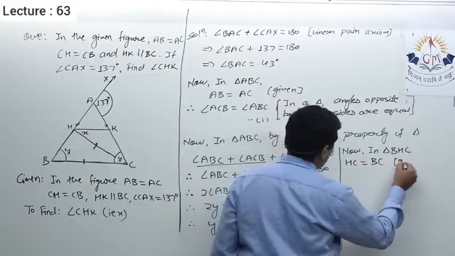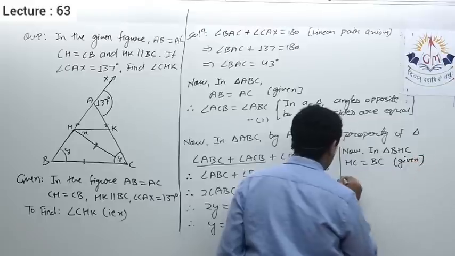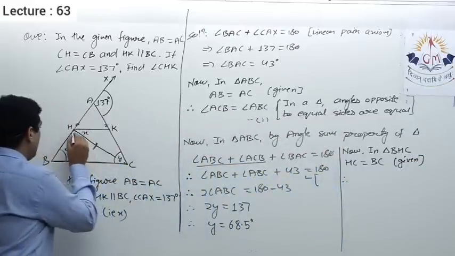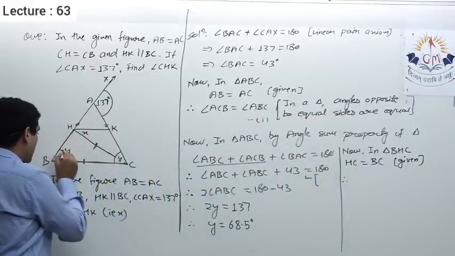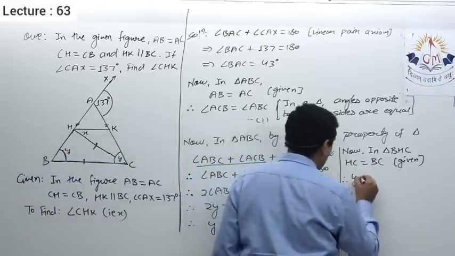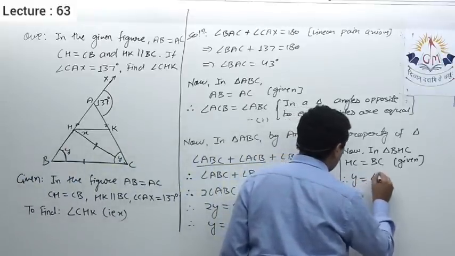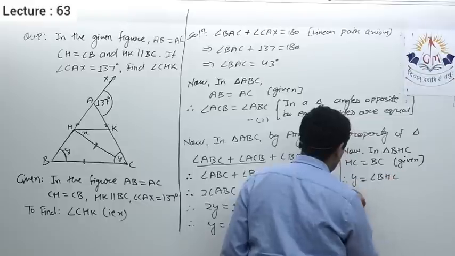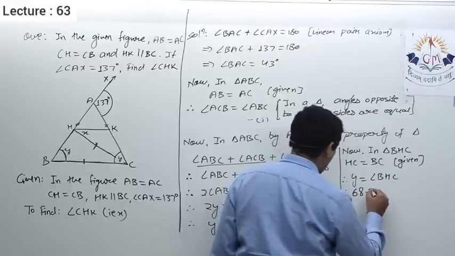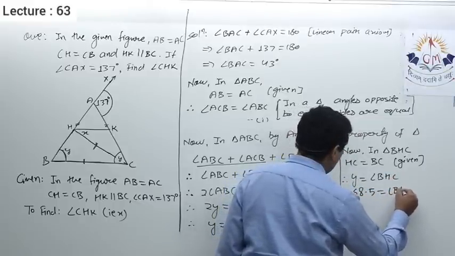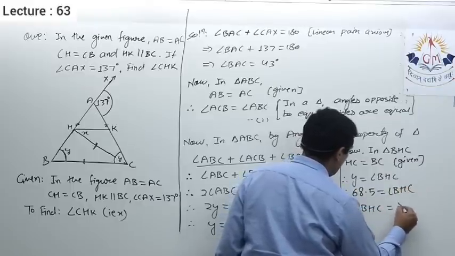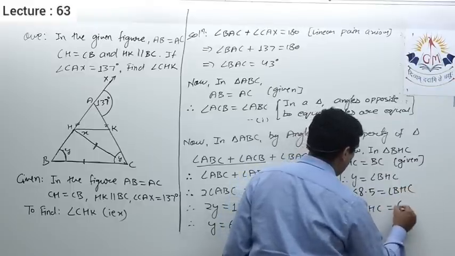Why? It is given. Therefore, now angle opposite to this side HC is y. So y is equal to angle BHC. Therefore, 68.5 is equal to angle BHC. Therefore, angle BHC is equal to 68.5.